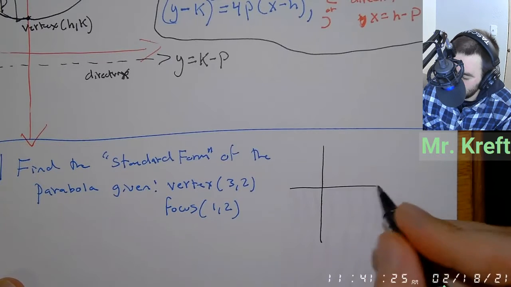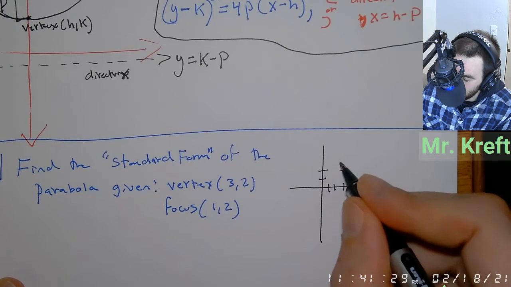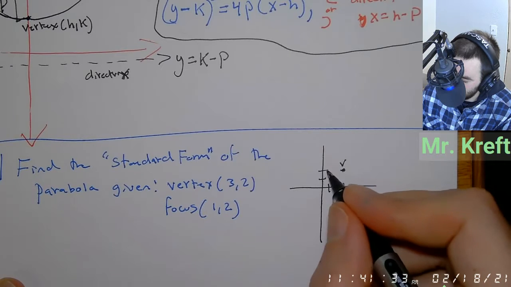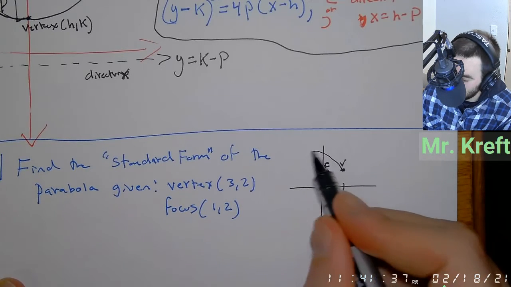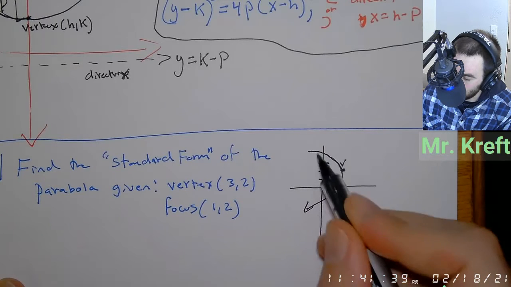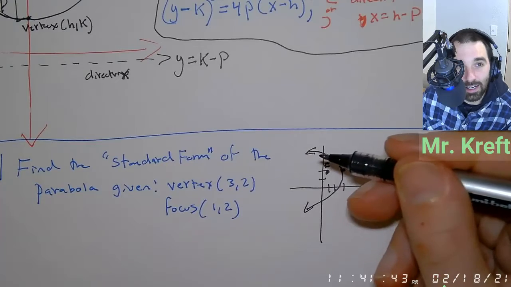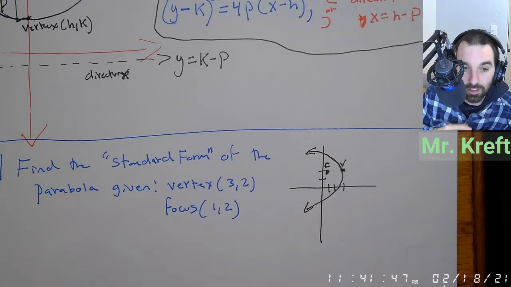What you might do is go 1, 2, 3, 1, 2. There's my vertex, and then my focus is at (1, 2). So which way am I opening? I'm opening this way. Do you guys see how you can just do a little sketch like that? So I know I'm opening to the left because the focus is going to be inside my parabola.